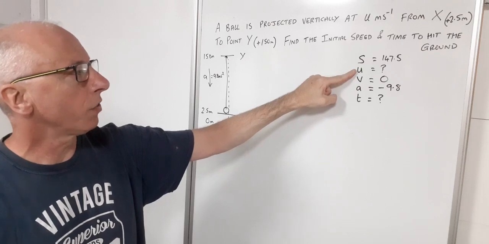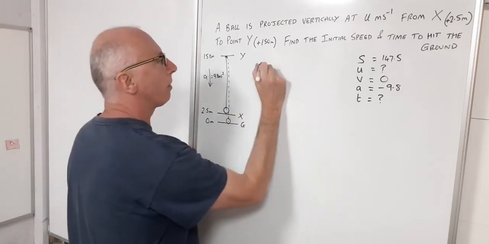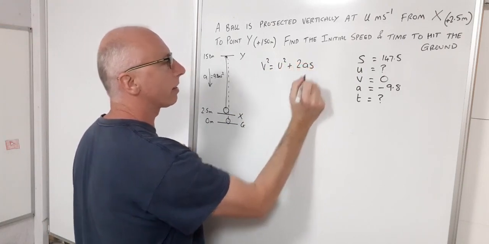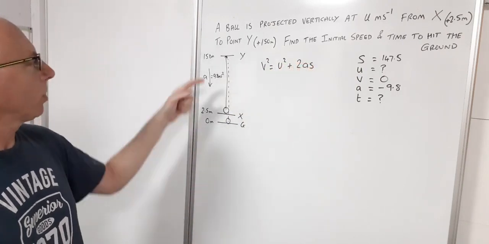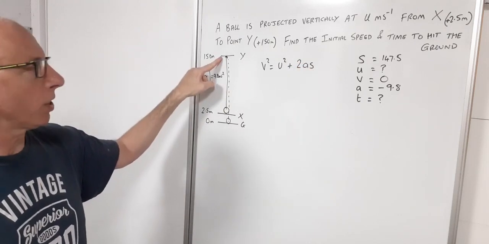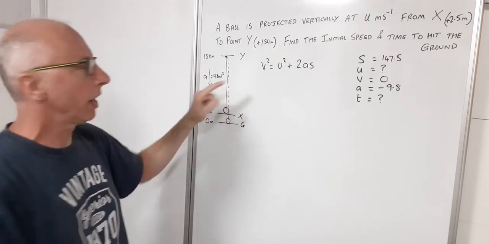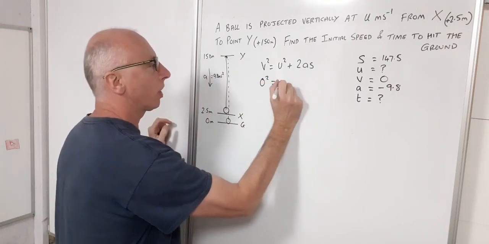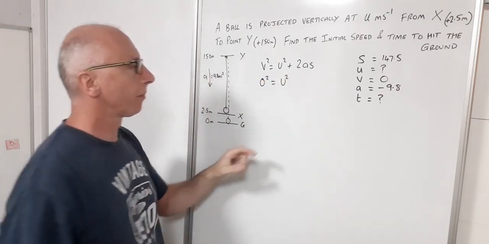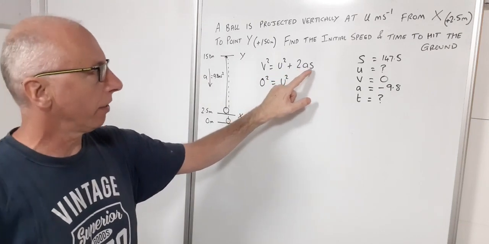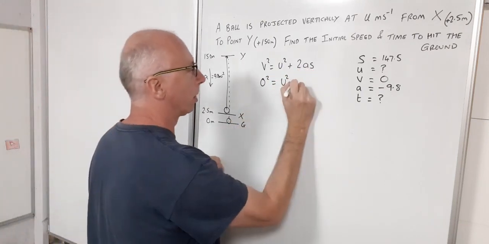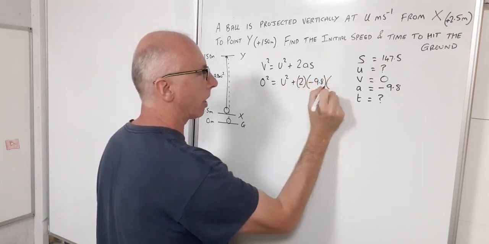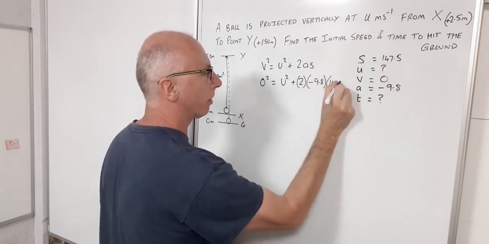The one we can use for that is v squared equals u squared plus 2as. Now the velocity at this point is 0 because it's stopped, so we can fill that in, 0 squared. The initial velocity we don't know, that's what we want. And then we've got 2 times the acceleration times the displacement of 147.5.